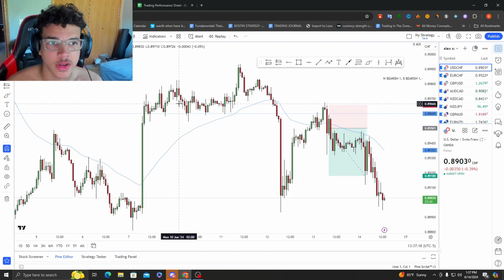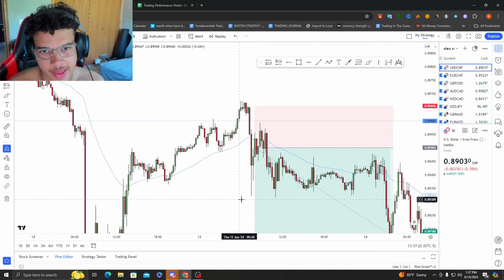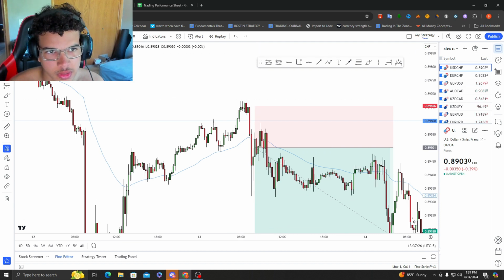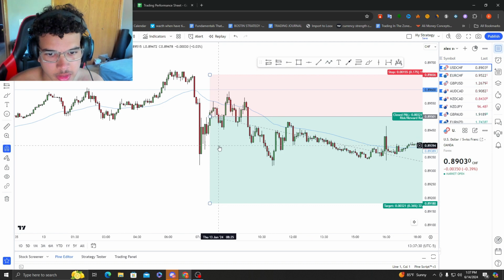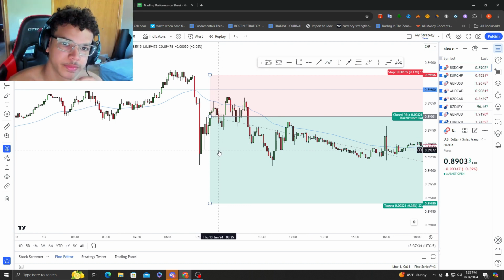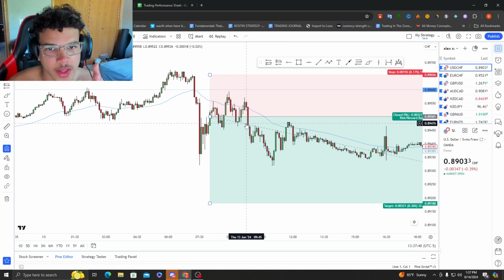So let's go down to the 15-minute time frame. I entered at 8:32, right here on this candle. I was in drawdown for a little bit, like an hour and a half.